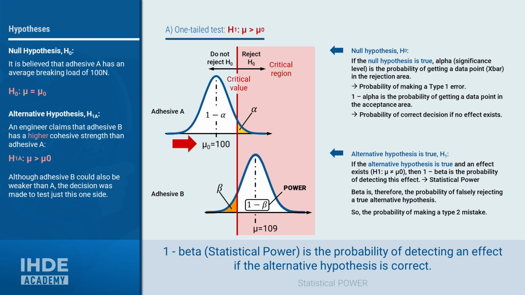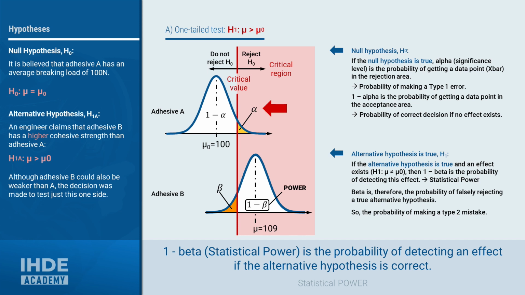Our example with adhesive A and B shows that adhesive B has a higher breaking load than adhesive A. The difference between these two breaking loads is the effect size. Similar to the null hypothesis, the values of adhesive B are distributed around the mean. Therefore, the breaking load values of adhesive B will probably also have a different spread and thus a different standard deviation.